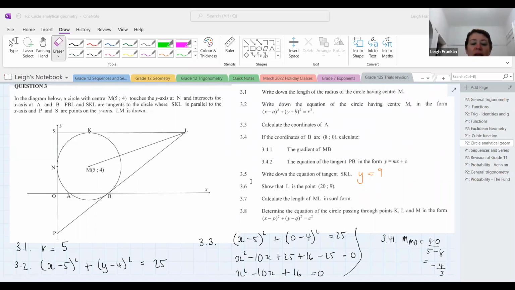If they're asking us to solve simultaneously, it means that we need 2 equations. So we've got one, we've got y equals 9, right? Do we have another one?